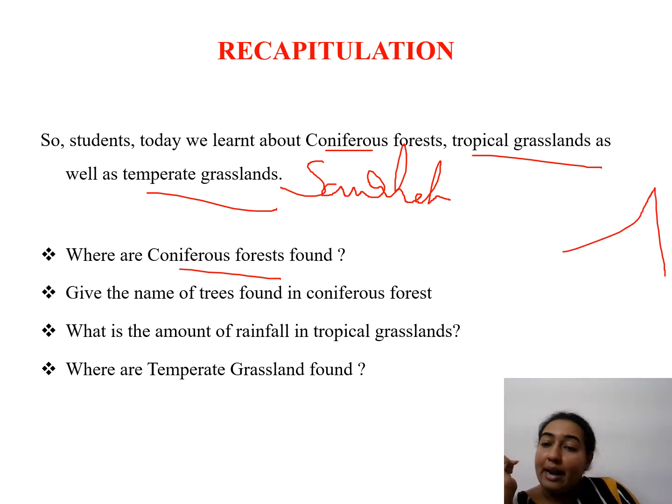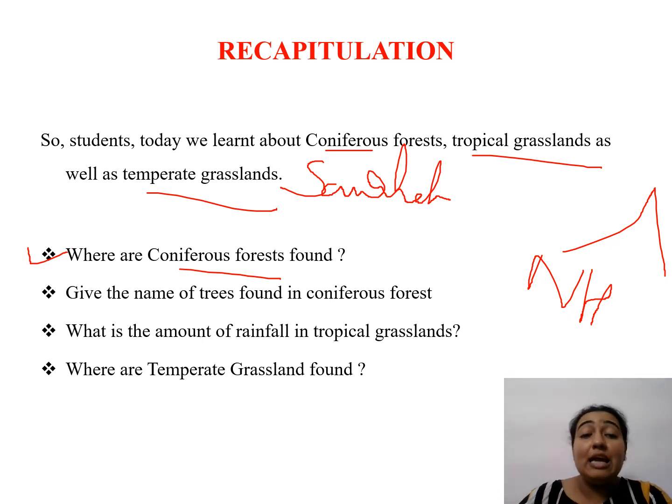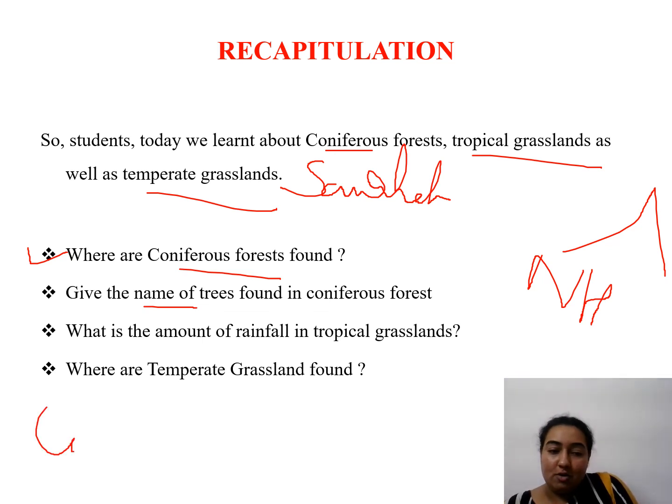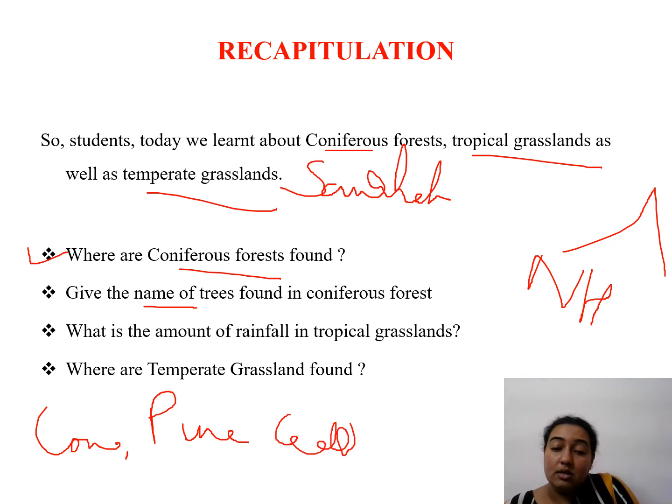They are found in the northern hemisphere, that is, at higher altitudes. Give the names of trees found in coniferous forest. Whenever they ask the names of trees, we should always reply cone. Then we can also say pine, which resembles Christmas trees, and we can say cedar, right?